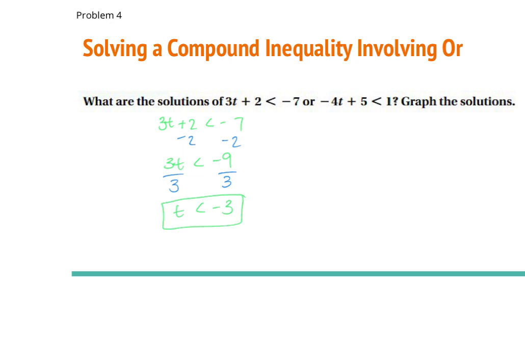Second one, we're going to do -4t plus 5 is less than 1. We're going to subtract 5 from both sides. -4t is less than -4. Divide by -4, divide by -4. Remember, when you divide or multiply by a negative, you have to flip that sign, so it's going to be t is greater than 1.